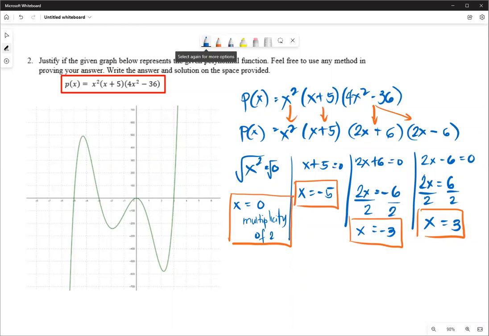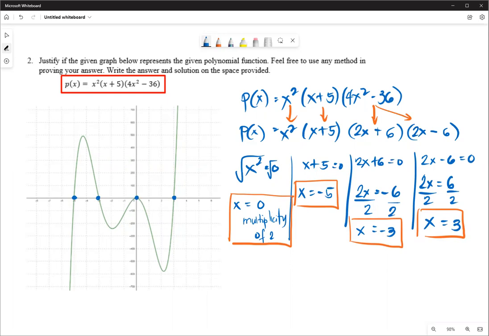So we have here x equal to 3, that's a zero. Another zero is x equal to -3. There it is in the graph. And we have -5, that's the zero in that graph. And x is equal to 0 with the multiplicity of 2 is this part.